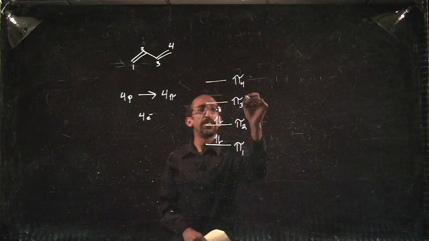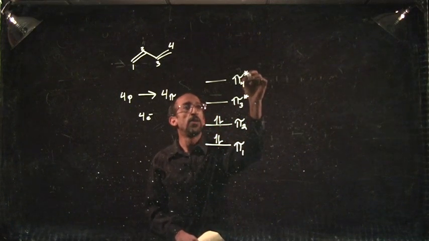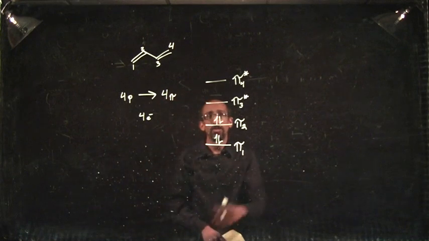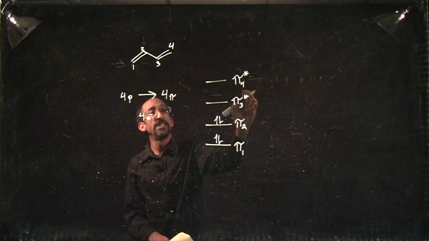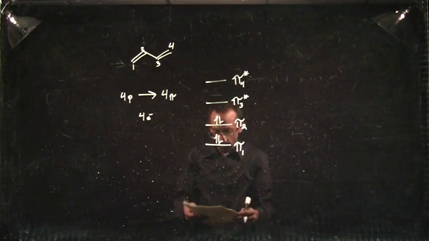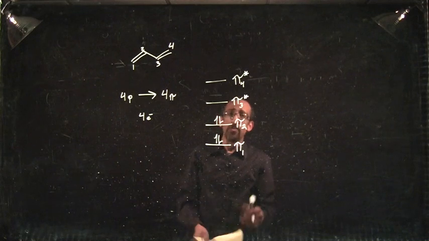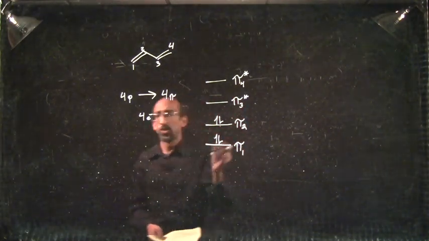This also allows us to say that pi 3 and pi 4 are going to be our anti-bonding orbitals. We use that same symbol, pi star, except now we have pi 3 star and pi 4 star. Those are going to be our anti-bonding orbitals.